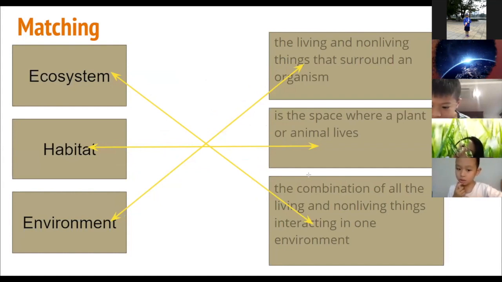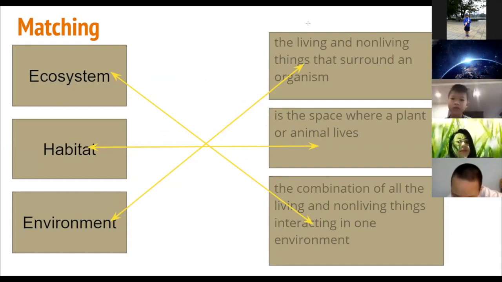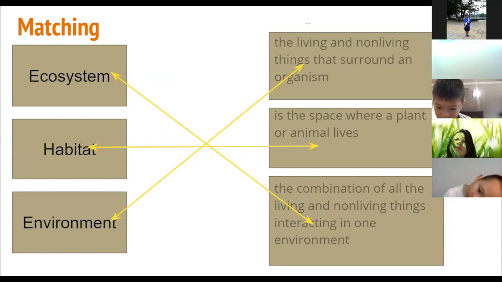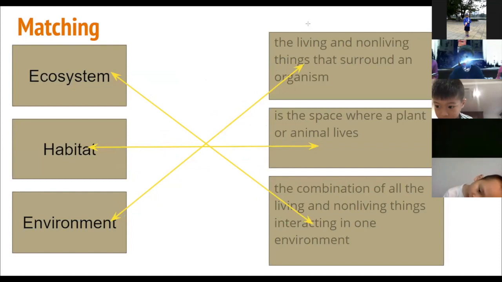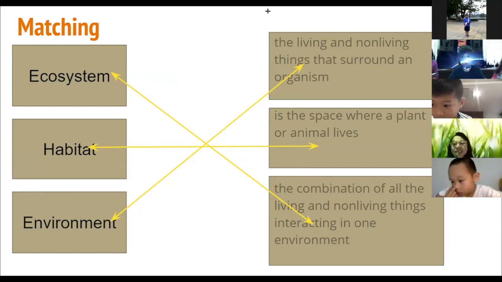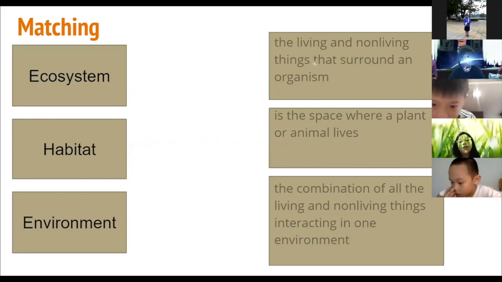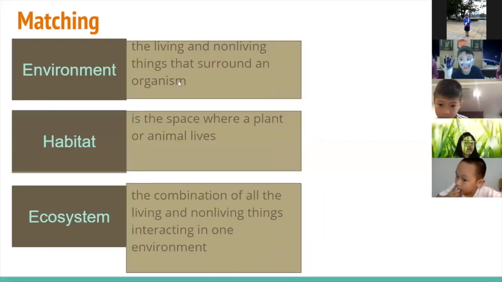You have the environment. So this is everything that surrounds an organism. Perfect. And a habitat is a space where a plant or animal lives. You guys got 100% on that. Good job, guys. I'm really happy. That was really good. Yeah, so then if you click on it, it matches them for us, okay?